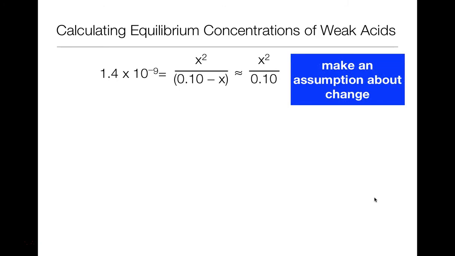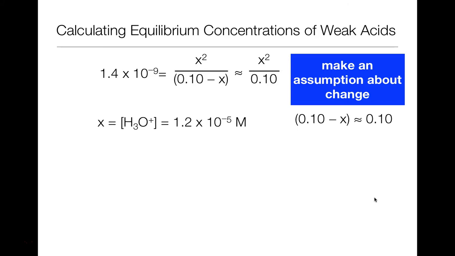An assumption we can make, but we're going to have to test later to make sure it's correct, is that x is much, much smaller than 0.1. We're getting that from the Ka. Because the Ka is so small, it's telling us that only a small amount of the product is favored, so not a lot of that HCN is going to convert to CN minus. So we assume x is much smaller than the concentration of HCN, or 0.1.